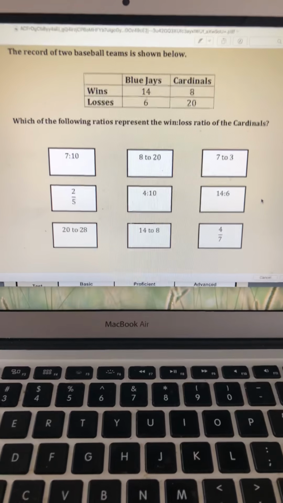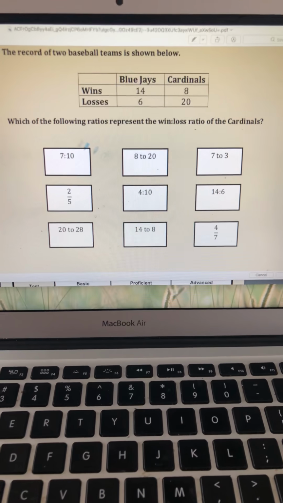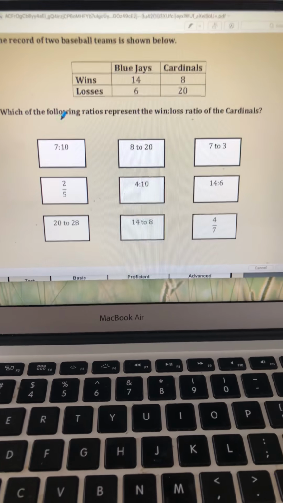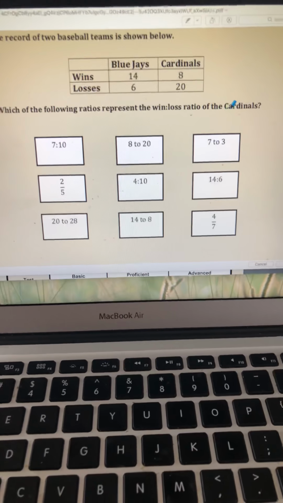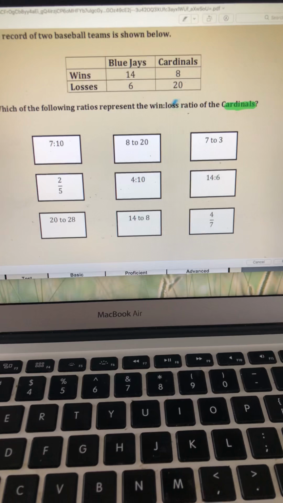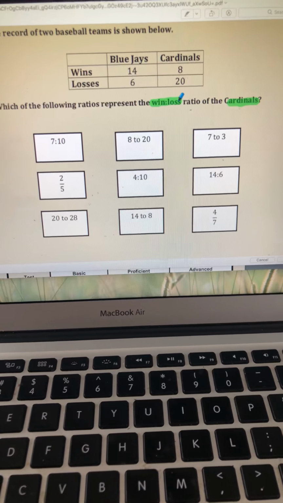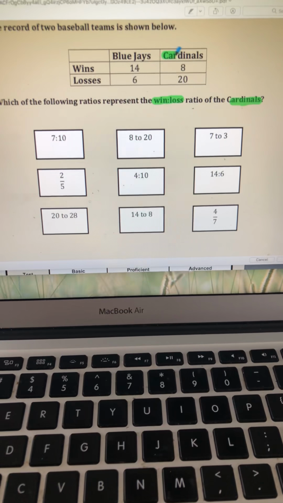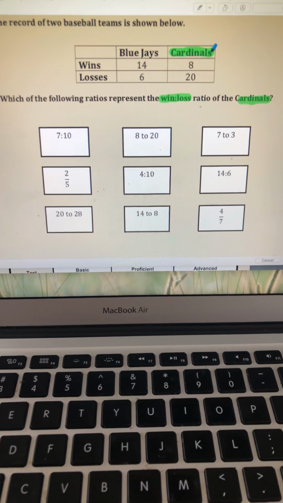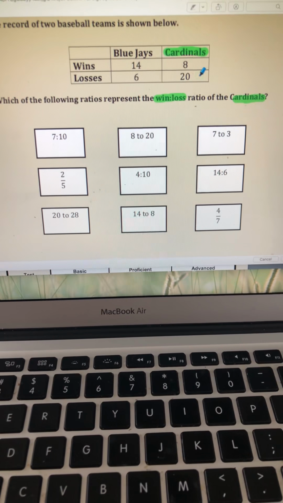For this one, we are looking at a chart again, and this one's asking which of the following ratios represents the win to loss ratio of the Cardinals. So we're going to highlight Cardinals, and we're going to highlight the win to loss ratio. We have the Cardinals is what I'm looking for right here, and I'm looking in the order of wins to losses.